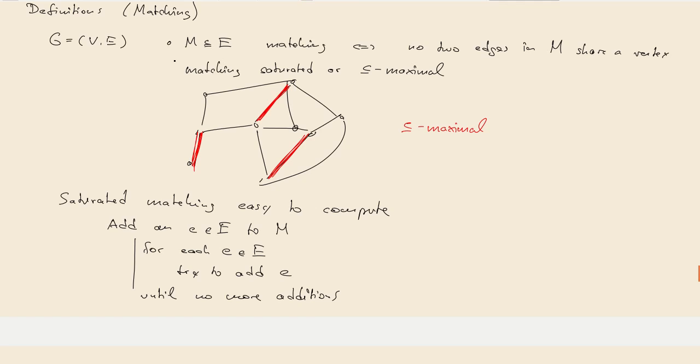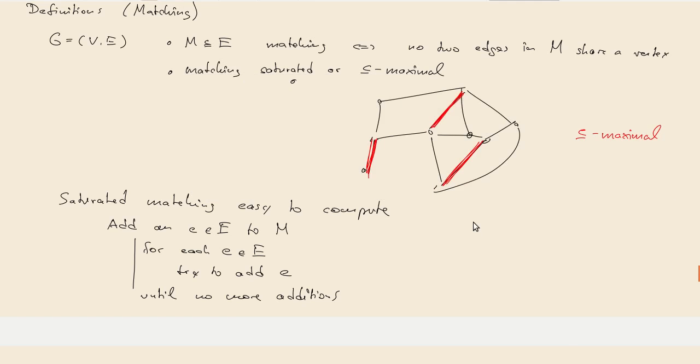Now let's add a third point to the definition. We call a matching just maximal.